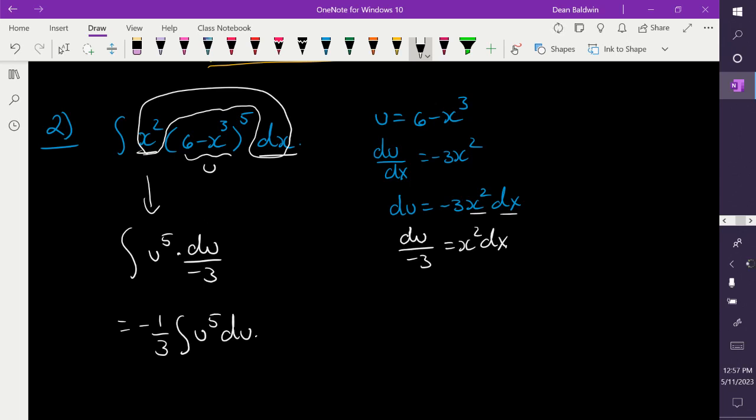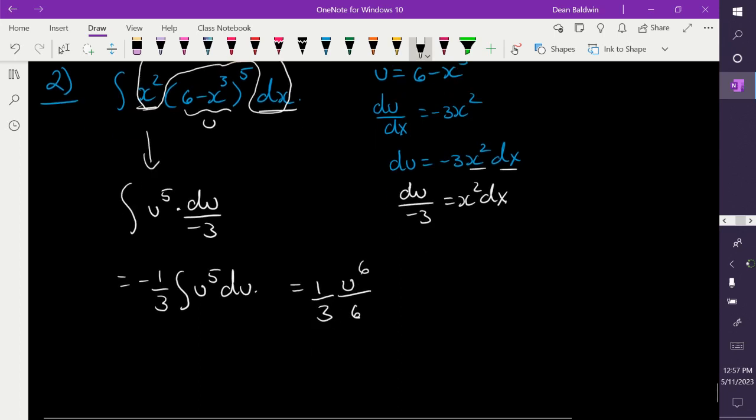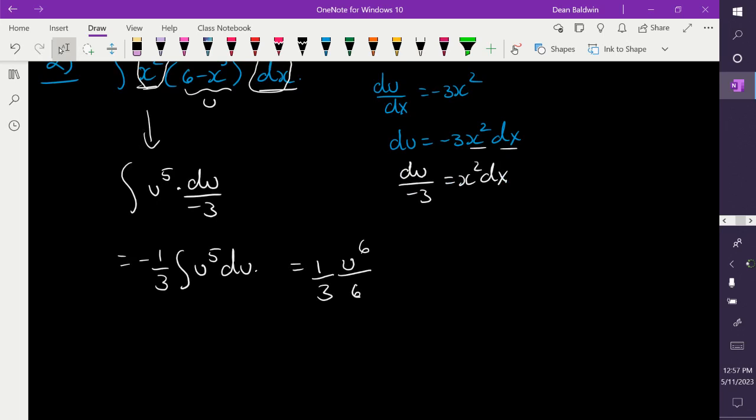So now you integrate it first. So what's the antiderivative of u to the 5th? To the power of 6. But the 1/3 sits in front of it. It's negative, thank you.